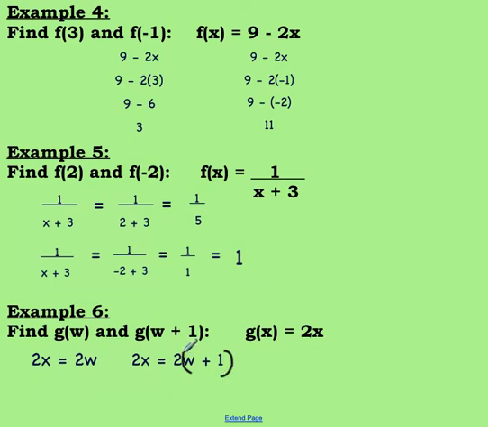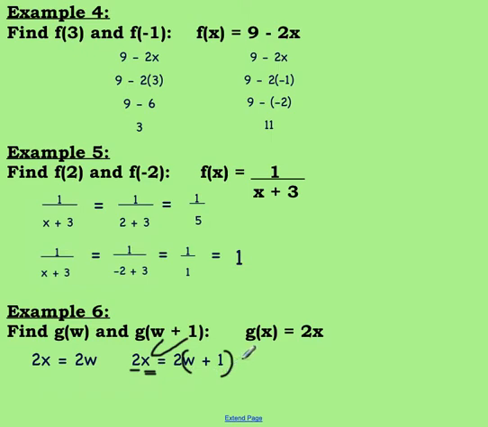Because if we do not, then it's very easy to forget that we're multiplying this 2 times everything that's in this value for x, which would be the w and the 1.